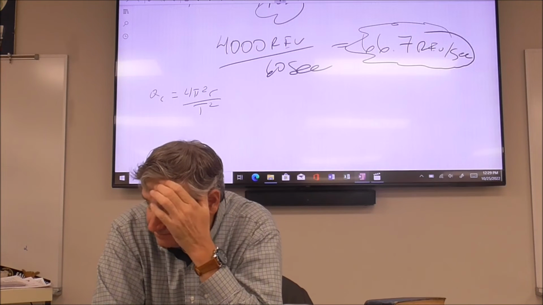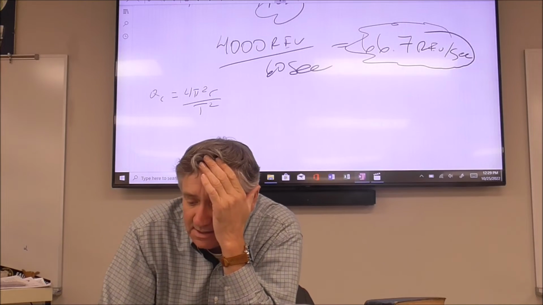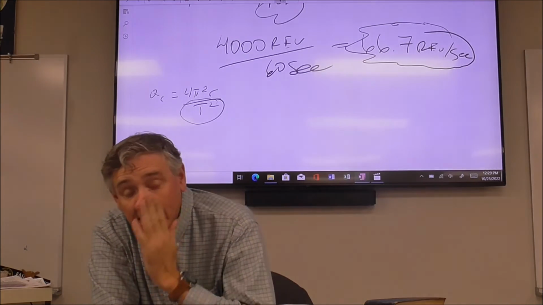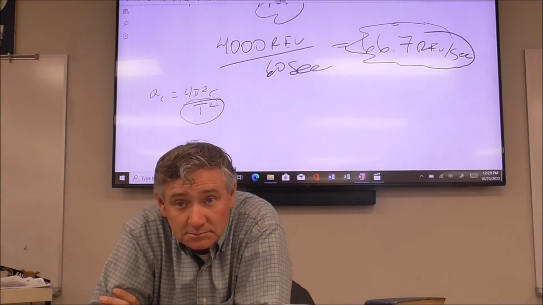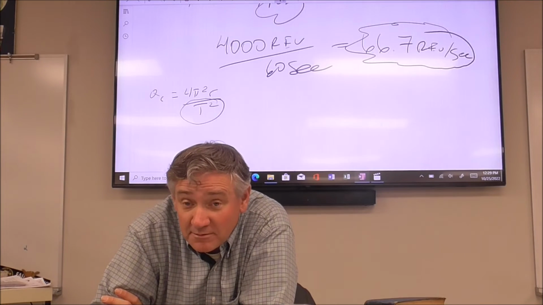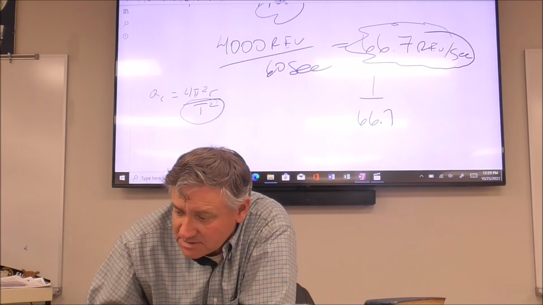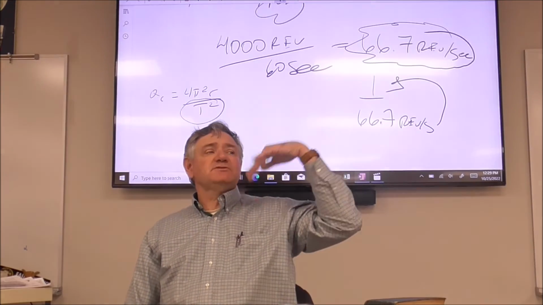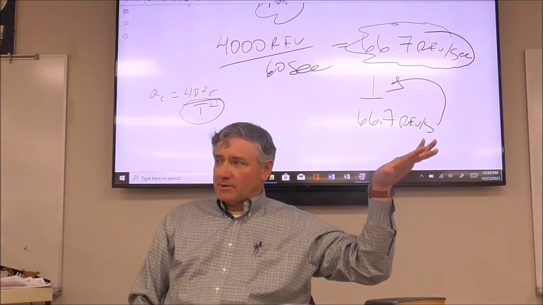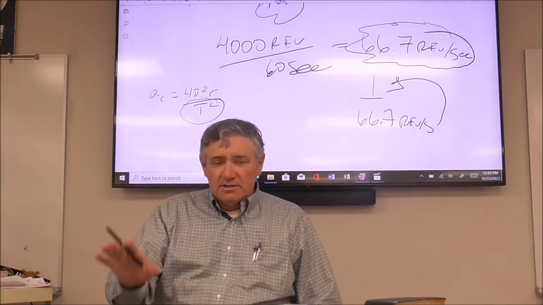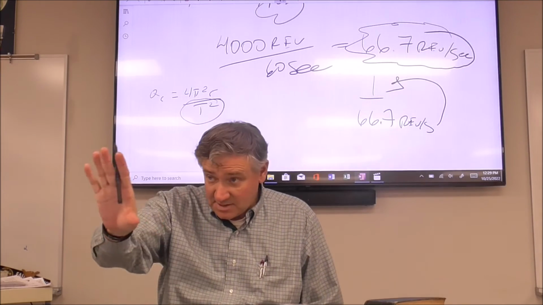That's frequency. I need time. So what can I do? Use your inverse button on your calculator. Yeah, so I can take the inverse of 1 over 66.7 revolutions per second. The seconds flip up, I get seconds per revolution. Miracle of miracles, I'm golden. So if you want to go that route, let's go that route.